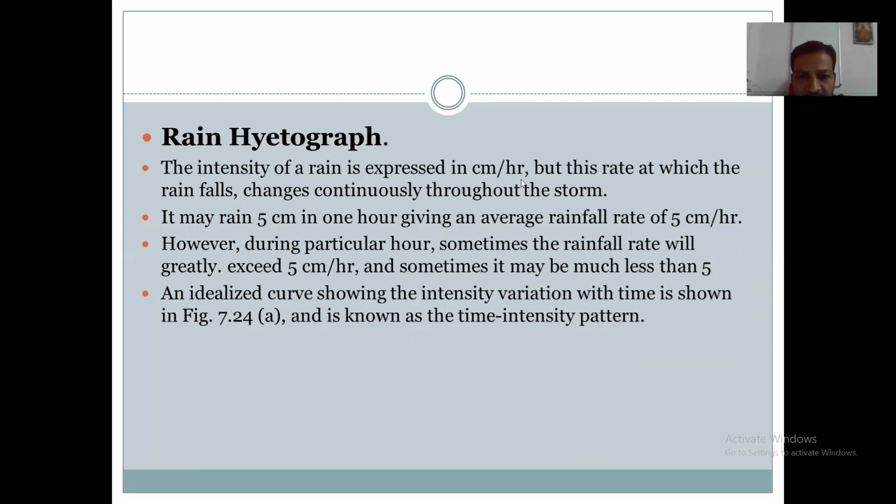This intensity of rainfall may change continuously throughout the storm. It may vary from place to place and from time to time.